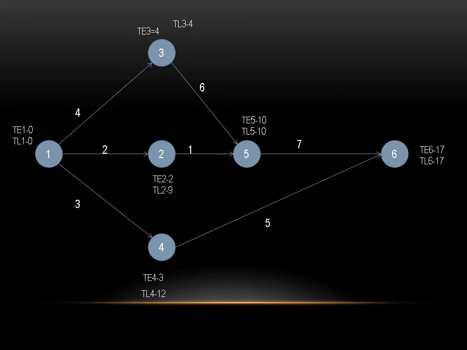Three arrows are towards 1. So while backward calculation we will take the minimum value. And we can clearly see the critical path is 1, 3, 5 and 6. It has taken the maximum possible time.